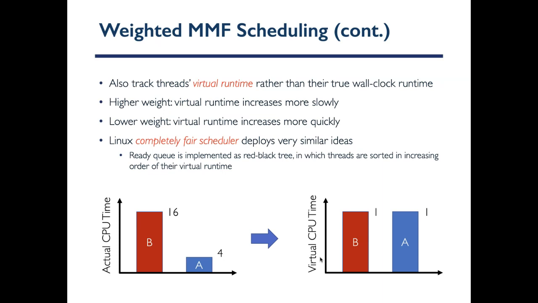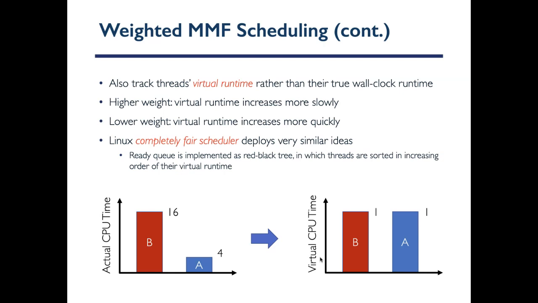I'm going to go through the history of Linux schedulers in the next lecture, so I'll explain a little bit more. But this is actually the base of the Linux Completely Fair Scheduler. Actually, I should have had all of them in caps because it's called CFS, and it's a known name for the Linux scheduler.